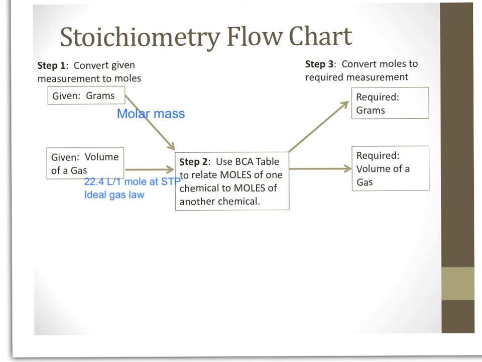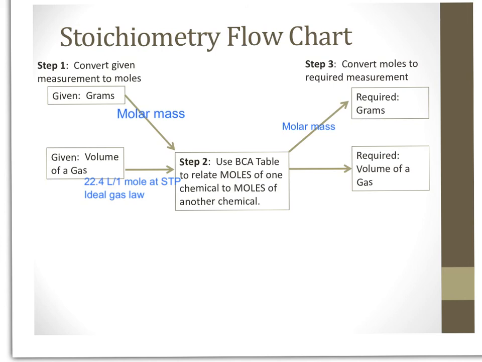So then we use the BCA tables just like you're used to using them last chapter. You use the coefficients as mole ratios to relate moles of one chemical to moles of another chemical. After you've used the BCA table, you might want to enter in units of moles, in which case you're done. However, if the problem asks for the measurement in units of grams, then you need to use the molar mass to convert moles back into grams again.